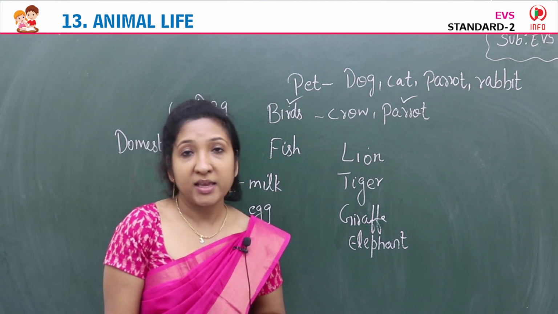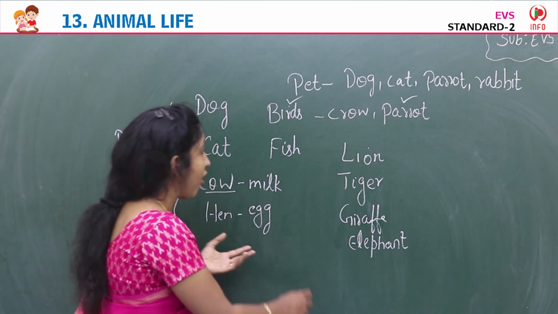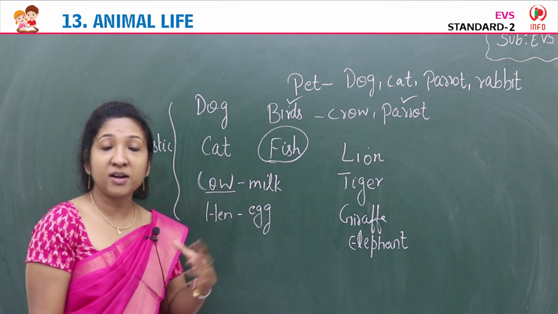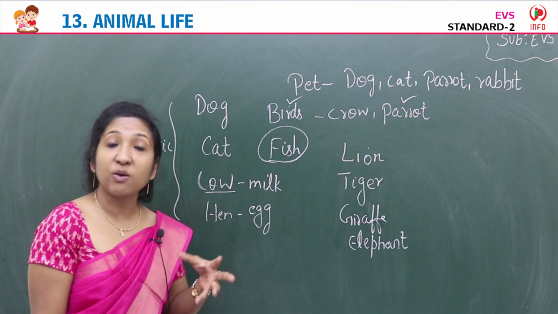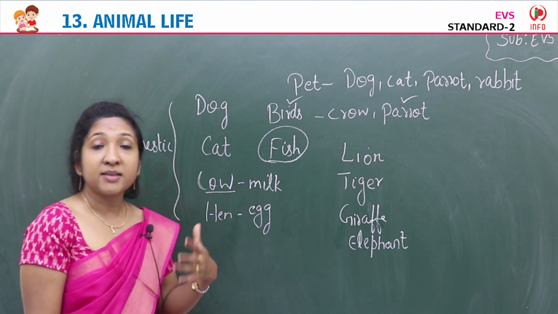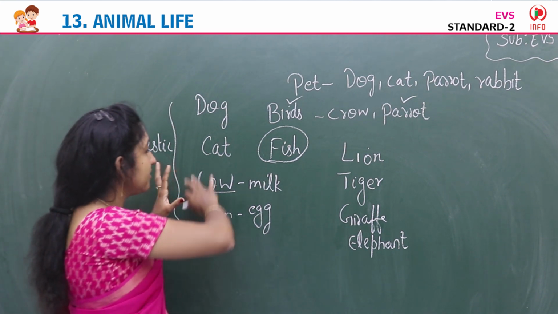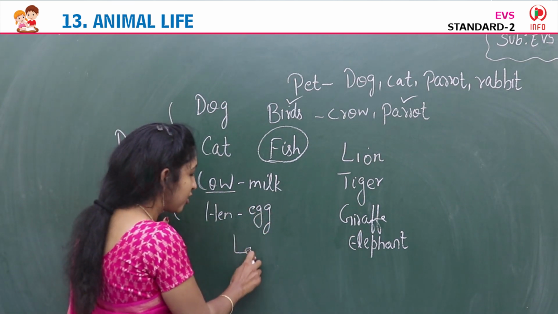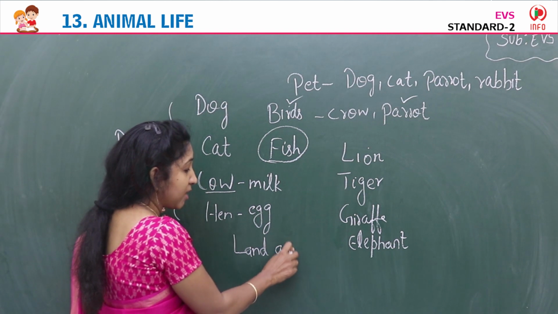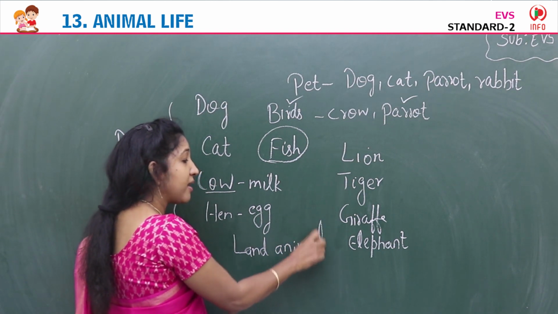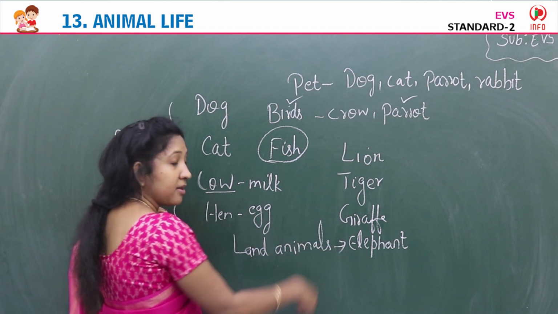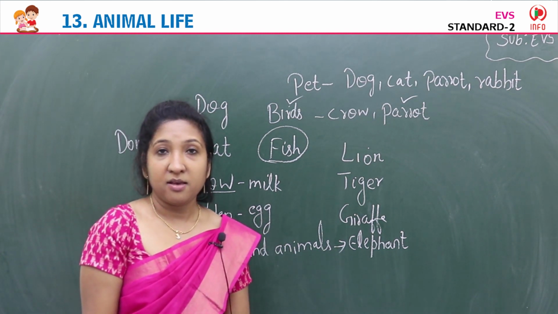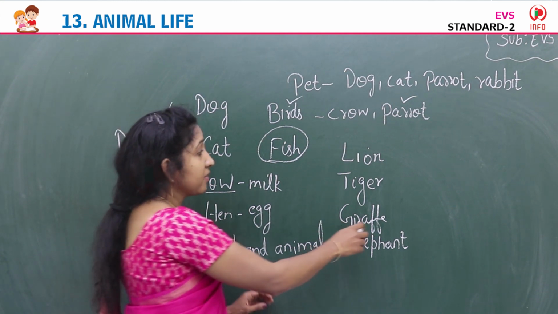Some animals live in water, isn't it? Fish, all kinds of fish we can see in the water. Some animals live on land. These are land animals. Which is the biggest land animal, you know? Elephant is the biggest land animal. And you know blue whale?